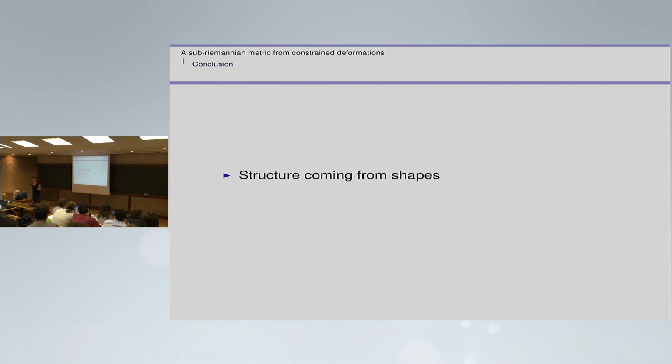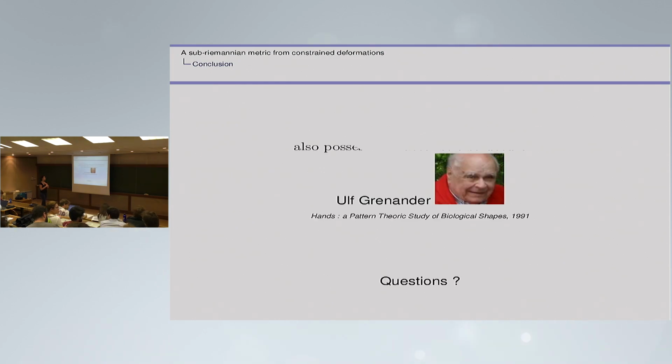So keep in mind here that with the idea of sub-Riemannian structure, we were able to incorporate a structure that comes directly from the shapes. This was very new. And to manage the variability with this structure with the notion of controls.